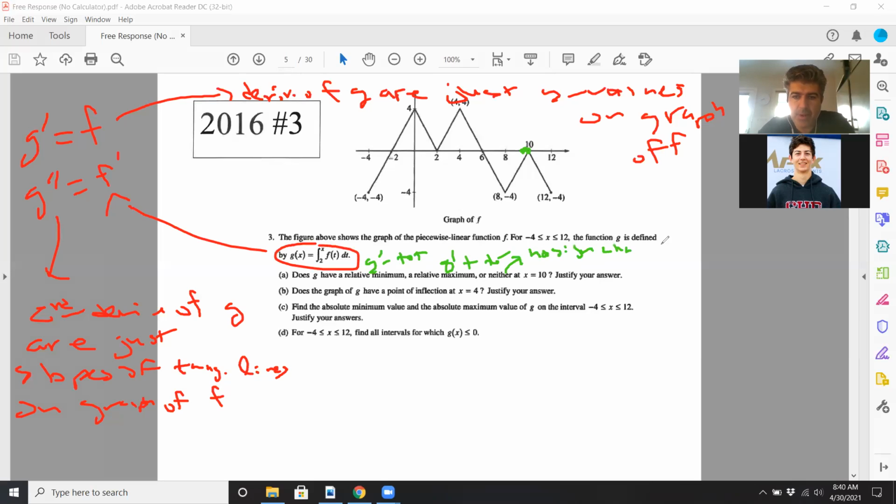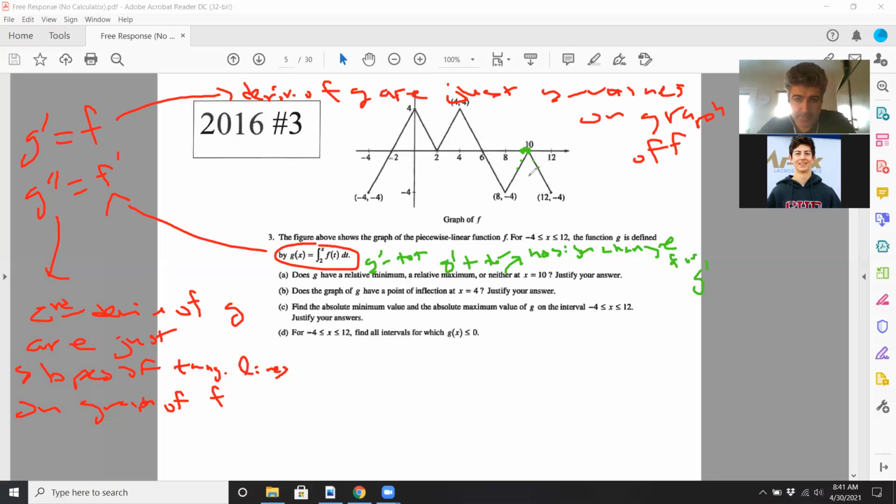No sign change for g prime, because remember, we're talking about extremes for g, so we have to look at g prime. Well, remember, g prime equals f, so the derivative of g are just the y values on the graph of f. So, for example, any y value here on this graph represents a derivative for g.